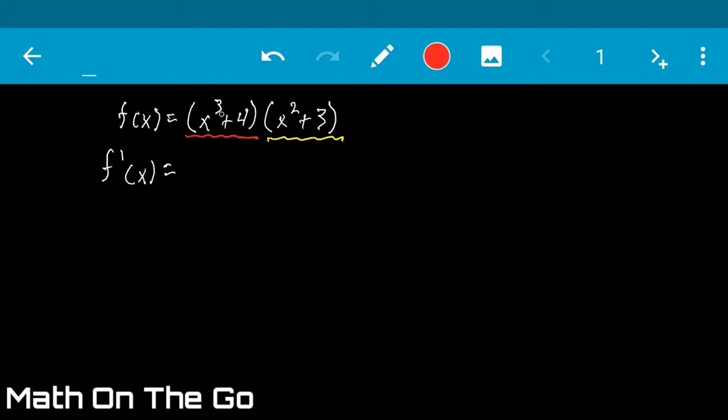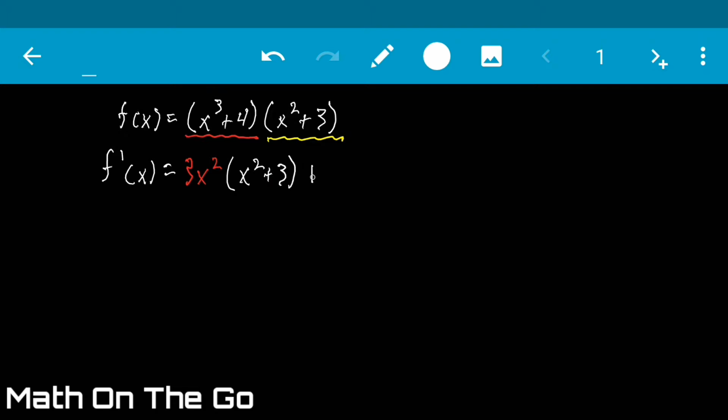So our derivative, f prime of x, equals derivative of the first. So we have x cubed plus 4. So x cubed becomes 3x squared. Our plus 4 becomes 0 because 4 is a constant, so we just have 3x squared times the second, x squared plus 3.